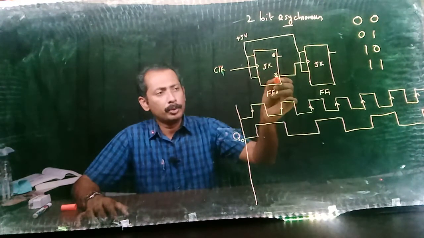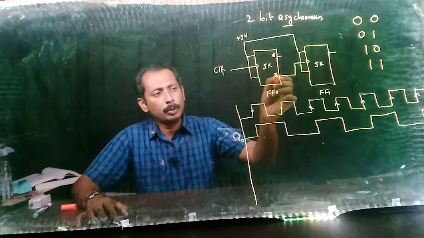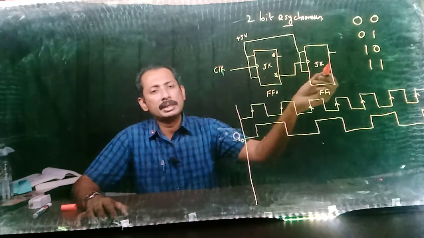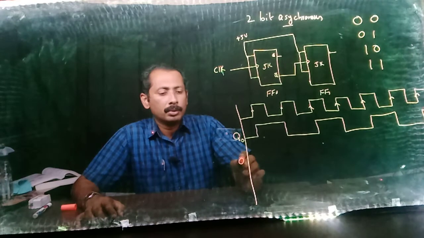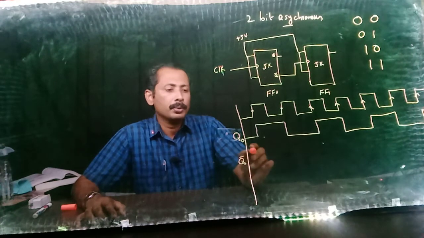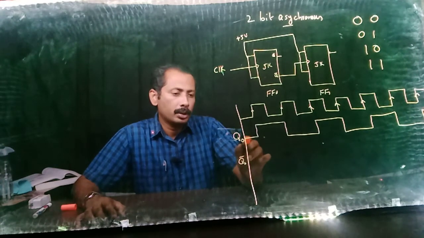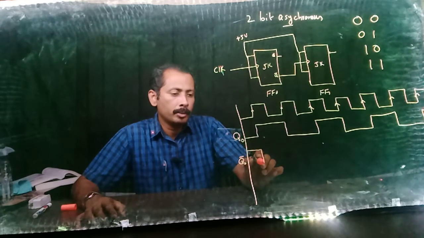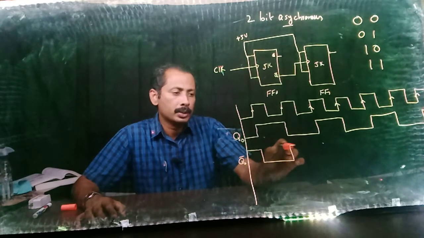Now I am using the Q bar as the clock of the second JK. So I am drawing this Q0 bar also. When Q is 0, Q bar will be 1, so it is just opposite.